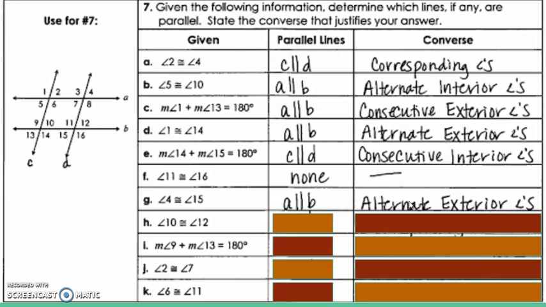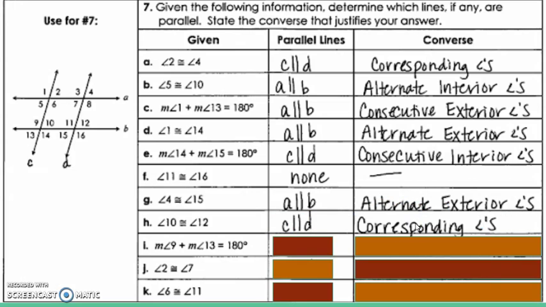For 10 and 12, line B is our transversal, and C and D are parallel, and 10 and 12 are corresponding angles converse.